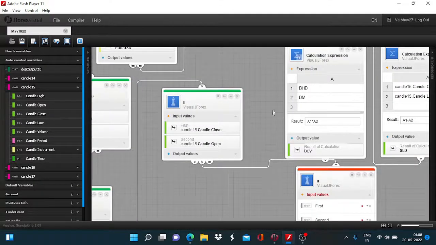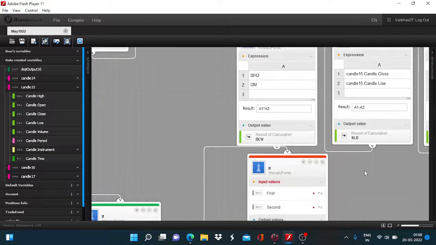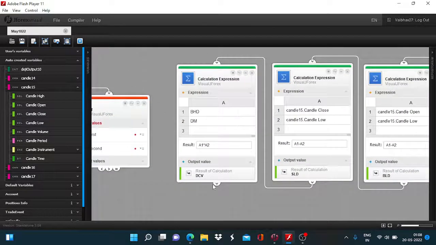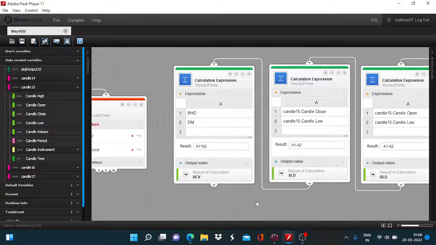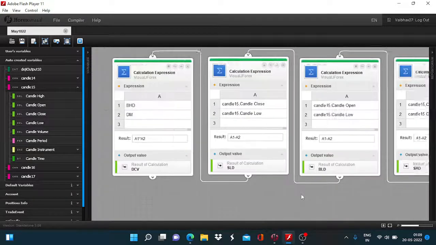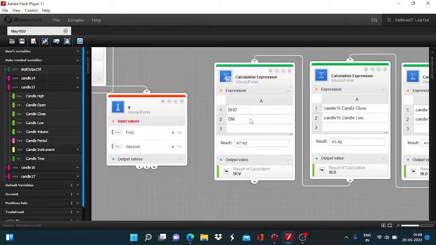Then we will consider the difference between these two variables. We have created this new variable after multiplying the high and the closing value difference by 4.